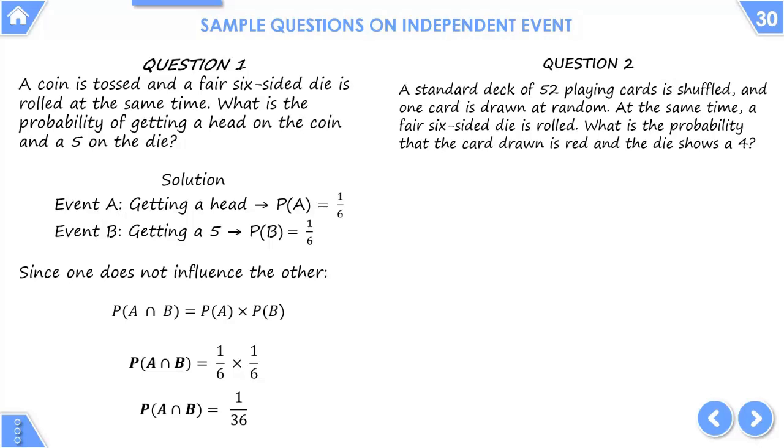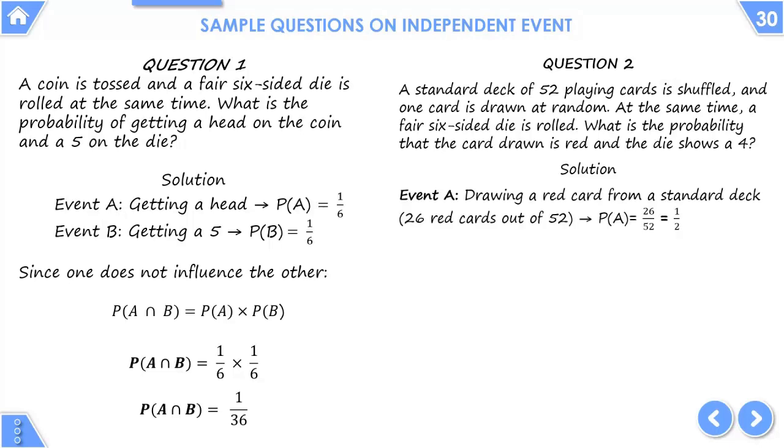They are two different things, and when they are done together, they will not affect each other. It can't happen that the result of the die will affect the result of the other.